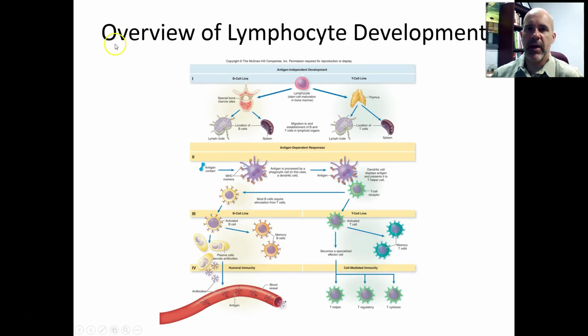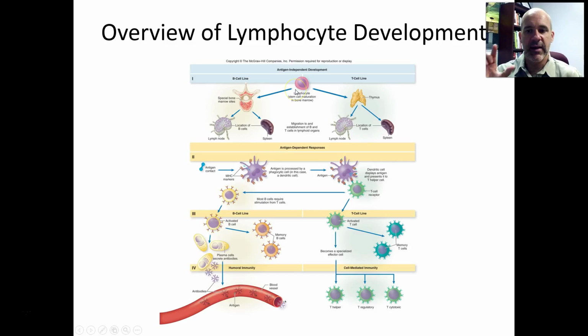All right, just kind of an overview of lymphocyte development. So we talked about you've got two major types of lymphocytes. You've got B cells and T cells, and they're going to have different jobs with your third line of defense. And if you guys remember back in chapter 12, we went over the development of different blood cells in the bone marrow.